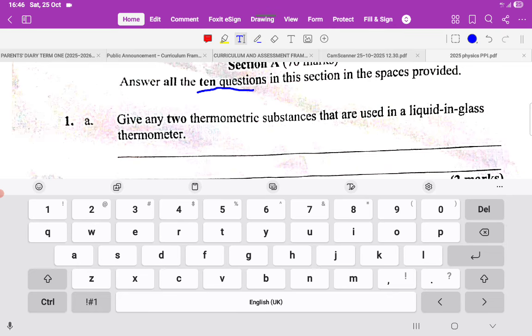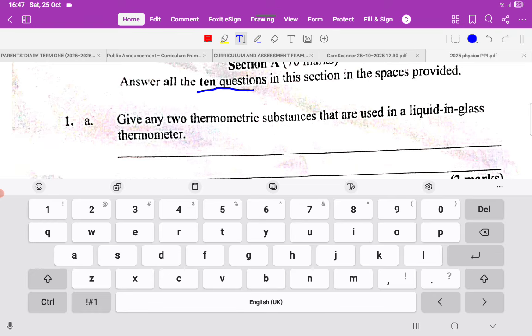In other words, it is any material which can either expand or contract depending on the change in temperature. Liquid in glass thermometers are thermometers that contain liquids, so the question is simply asking you to give 2 substances used in them.